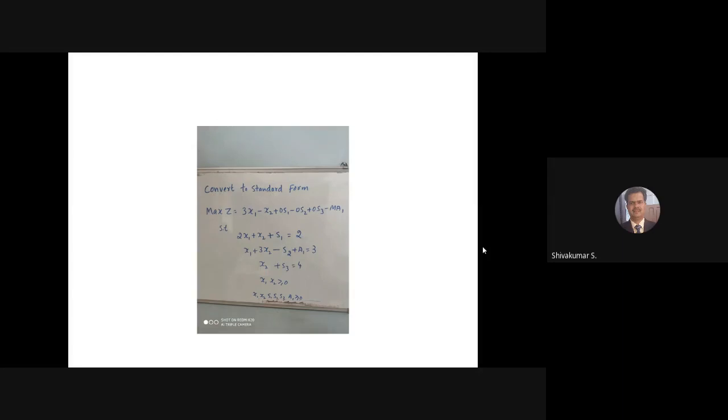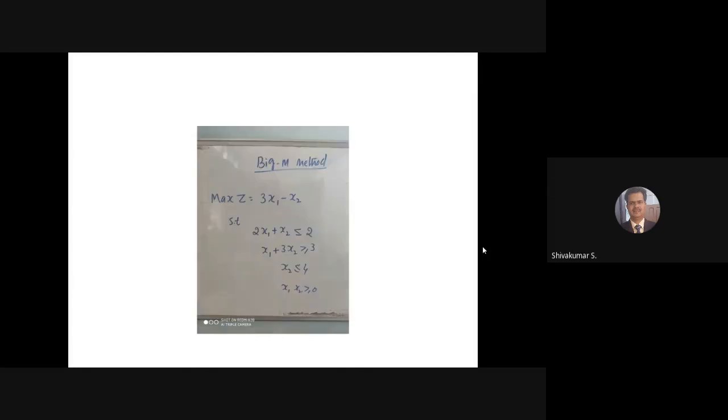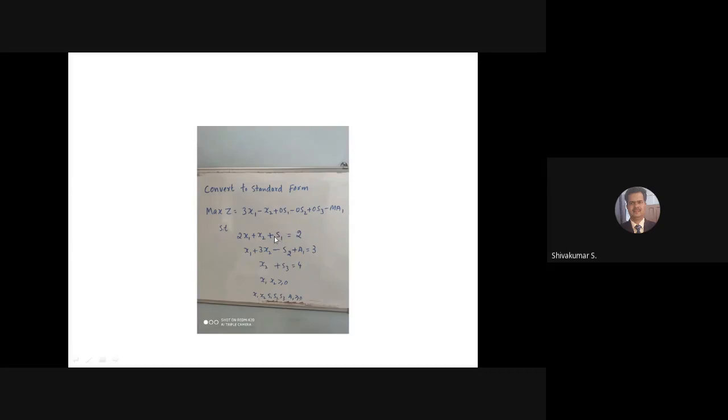2x1 plus x2, because there is a less than sign, you are going to introduce one variable called slack variable s1. So 2x1 plus x2 plus s1 is equal to 2. That's why s1 is there in the first equation.